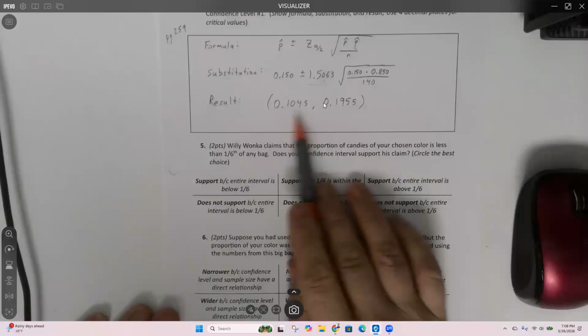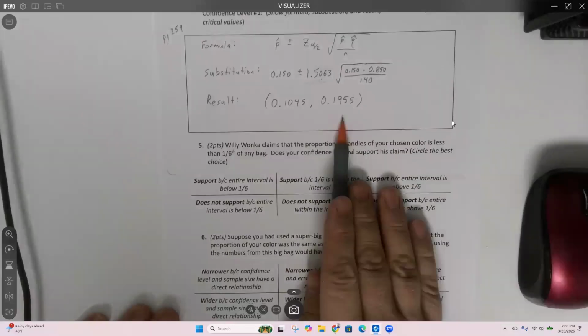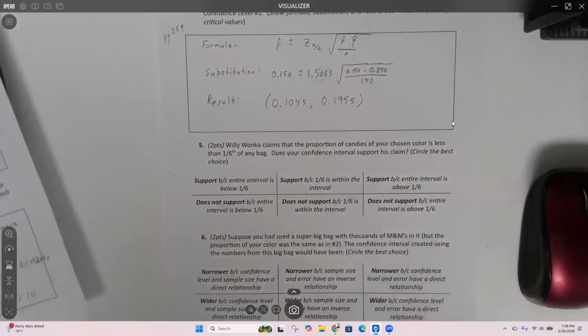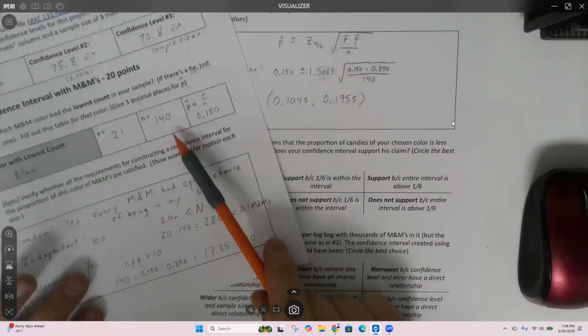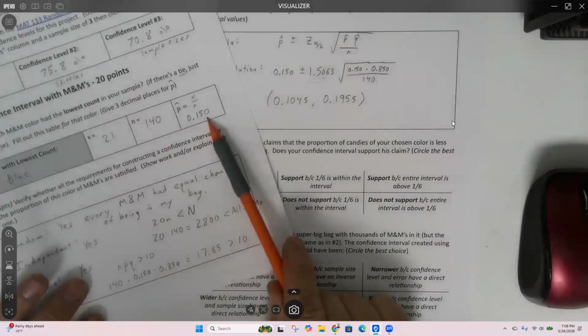This is my confidence interval. What does it mean? My earlier question was, what percent of M&Ms are blue? I can't calculate that for the population. So I took a sample of 140 M&Ms and I got that 15% are blue.